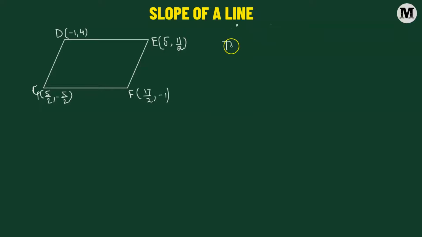Let's begin with the side DE. First, let's find the length of side DE by using the distance formula. We'll take the square root. Underneath the square root, we need the difference of the x coordinates, so we'll do E minus D. We start with the x coordinate of E, and from it subtract the x coordinate of D. That's -1, so we're going to get +1.